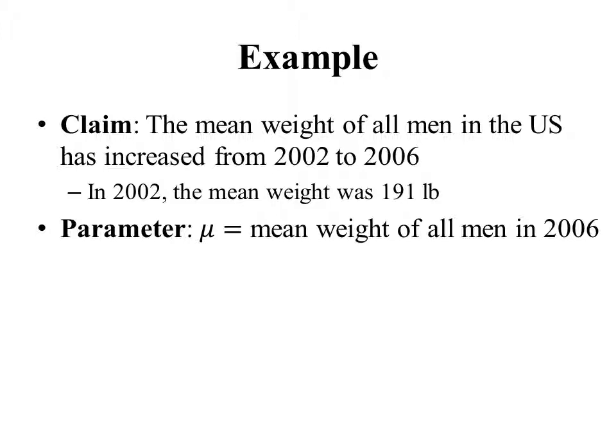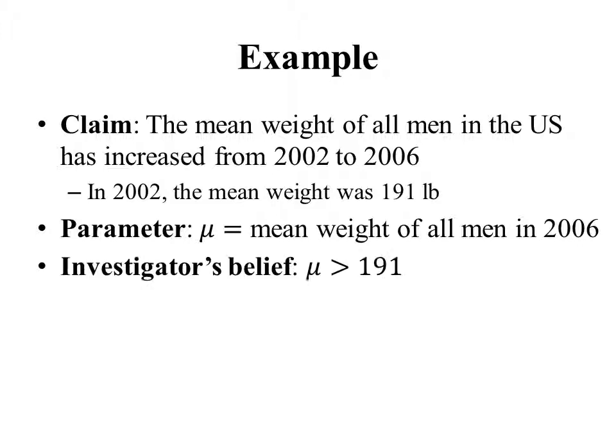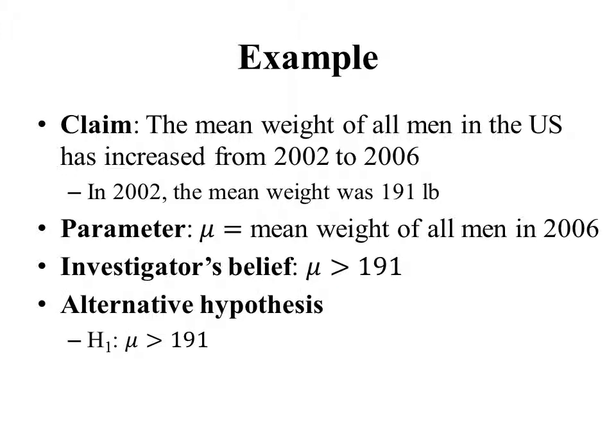In 2002, the mean was 191. Our parameter is mu. And so the investigator's belief is that mu is bigger than the mean weight in 2002, which was 191. And so our alternative hypothesis is going to be the statement that mu is greater than 191.